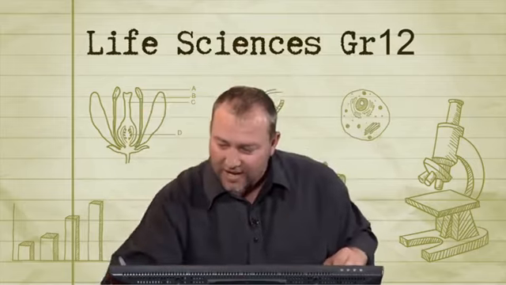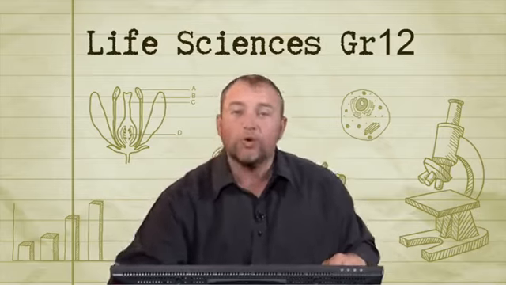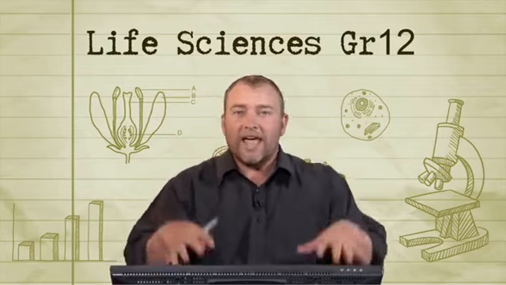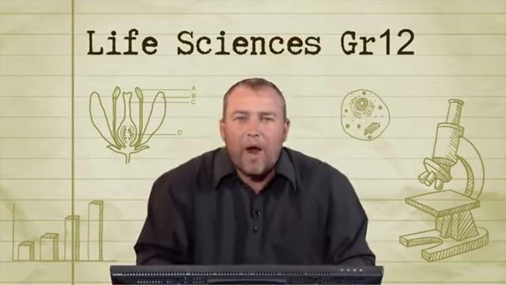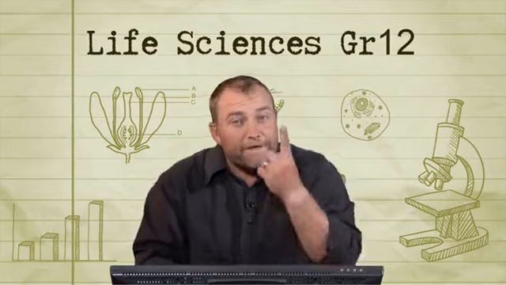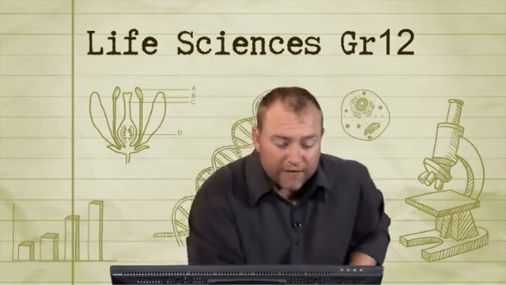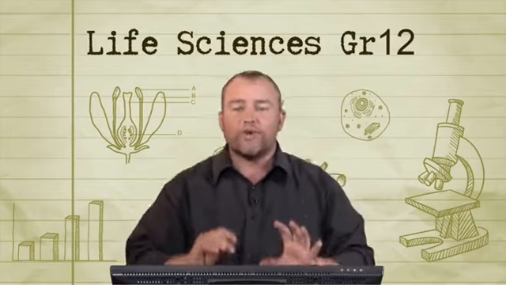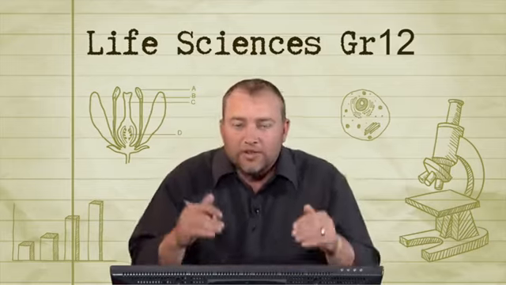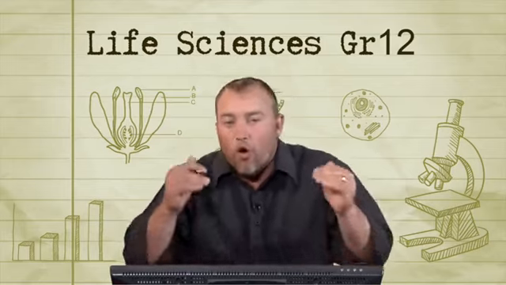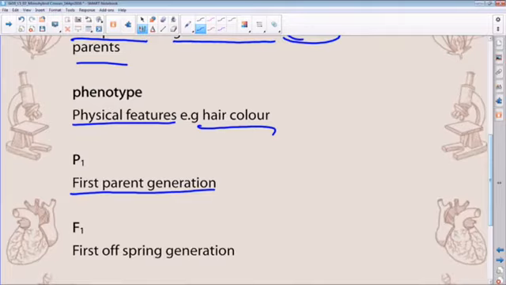Now, next one we're having a look at is your P1 and your F1 generation. Okay, and the best way to always think about this is P1. P for parents, the first set of parents. So it's the first parent generation. Okay, if I have a look at the F1, it is the offspring. So F1 is the first offspring generation, and there it is.